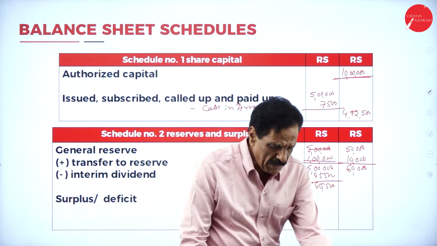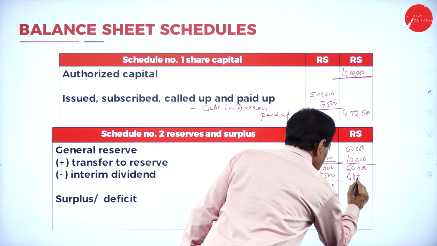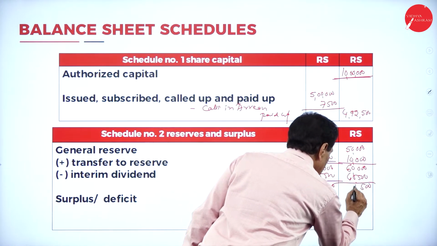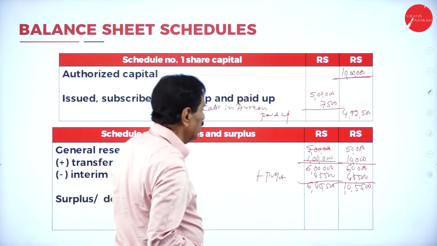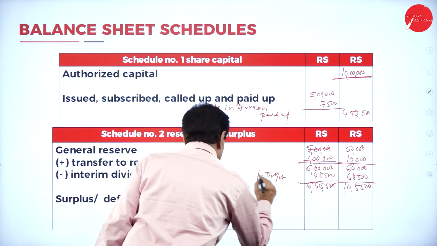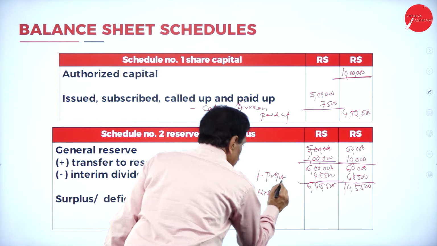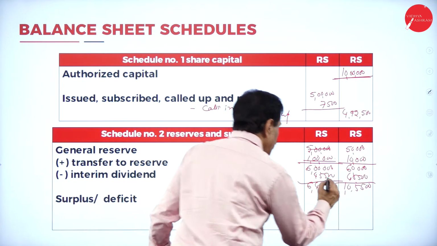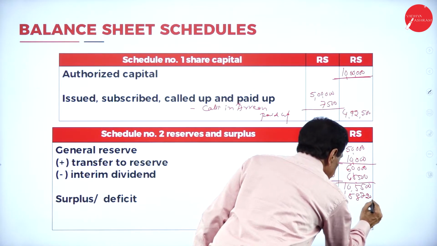So transfer to P&L account, 45,500. Add 60,000, so 1,05,500 minus net loss. Your net loss is 58,720.